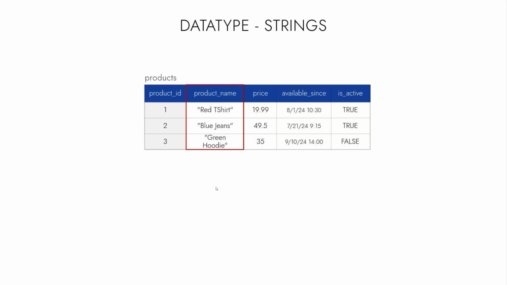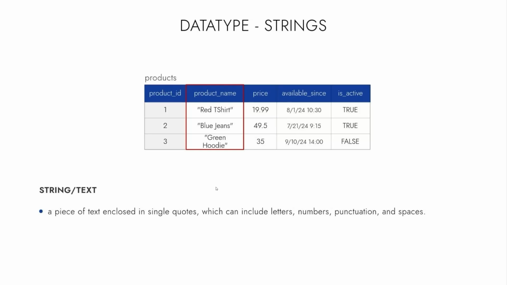And pretty common is the string. When it comes to string values, people say it means text. String means text in any case. And this goes across not only SQL, but also coding languages as well. So a piece of text enclosed in single quotes, with letters, numbers, punctuation, even spaces, is considered a string in this case.